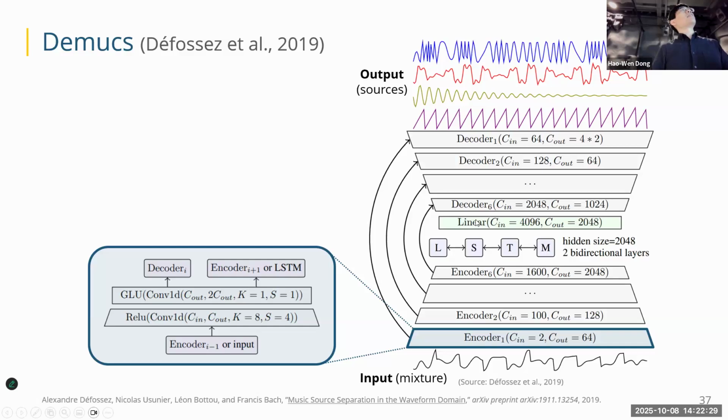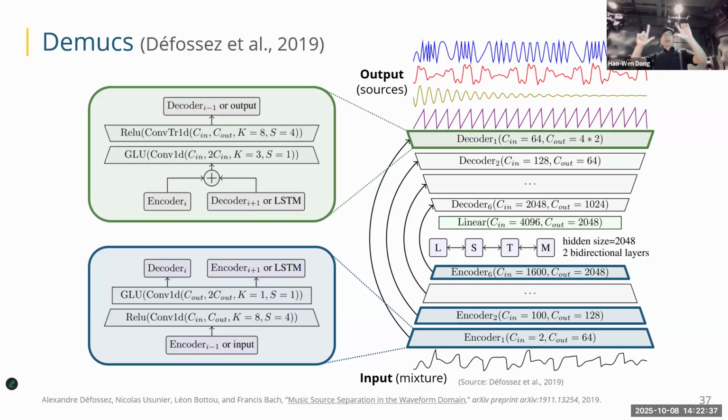And once you do that, in the decoder layers, you use the same CNN. So a CNN can downsize something, and it can also upsample something. For the decoder layer, again, it's a convolutional layer. First you do this convolutional layer, but at the same time, you use a transposed convolutional layer. A transposed convolutional layer basically uses a convolution with a stride so that you can increase the size of the output.